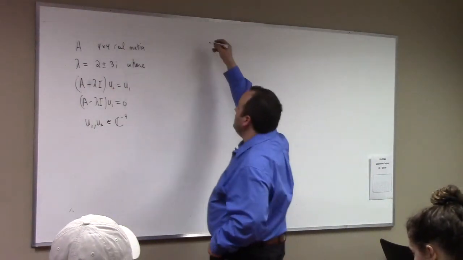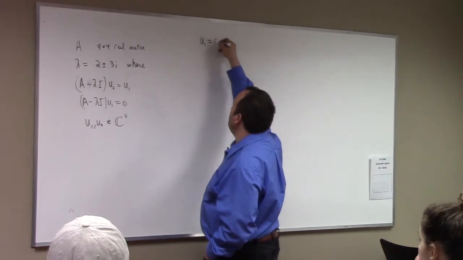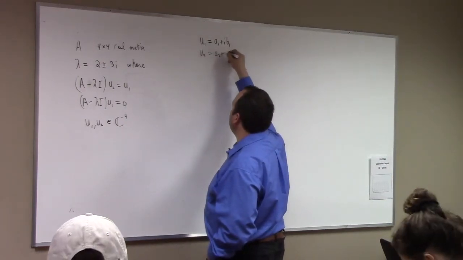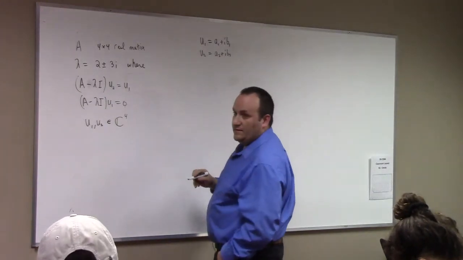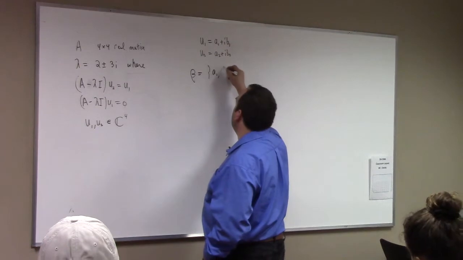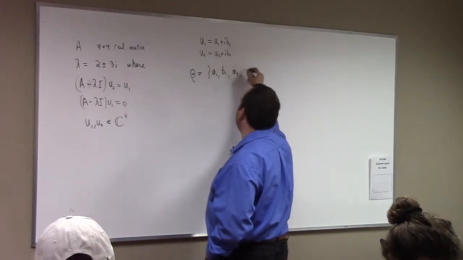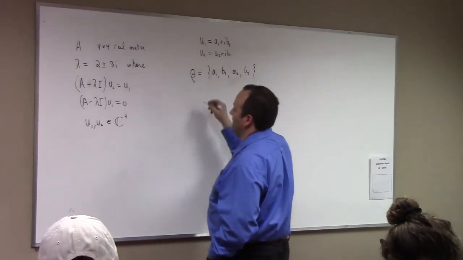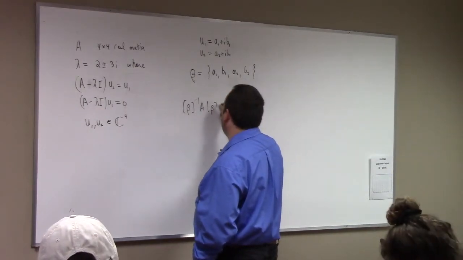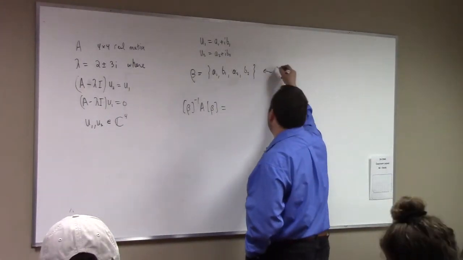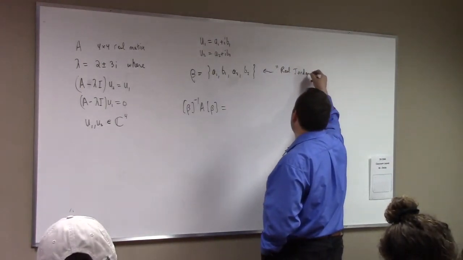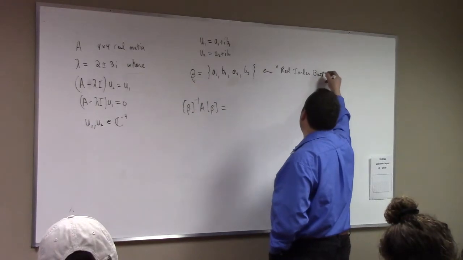Anyway, we proved that if you write u1 is a1 plus i b1, and u2 is a2 plus i b2, and you make a basis a1, b1, a2, b2, like so, and you do a similarity transformation, beta inverse A beta, according to this so-called real Jordan basis, I may have never called it that, let's just call it that for the sake of giving it a name.